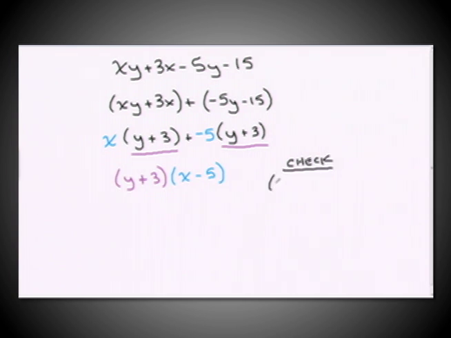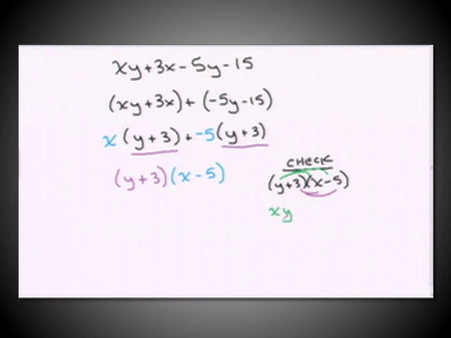So I'm just going to multiply my factored form back out using distribution. Y times x, we like things in alphabetical order in mathematics, so that gives us the term xy.